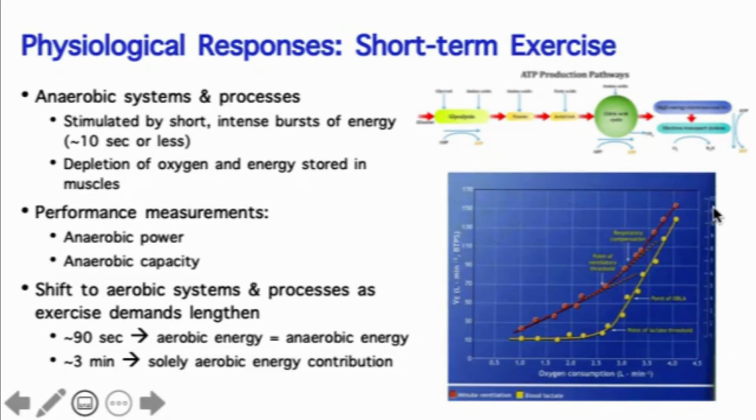We've also got another component over here, which I'm pretty sure is looking at lactate, but we're not primarily concerned with that right now. Our minute ventilation is represented by this red line or set of dots, and then blood lactate is shown by this yellow line.